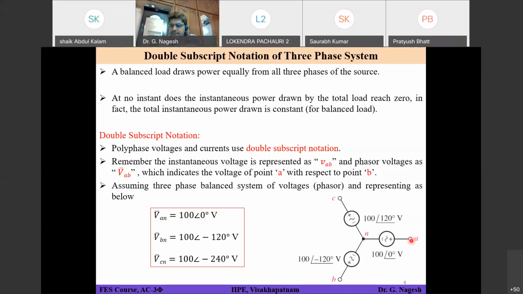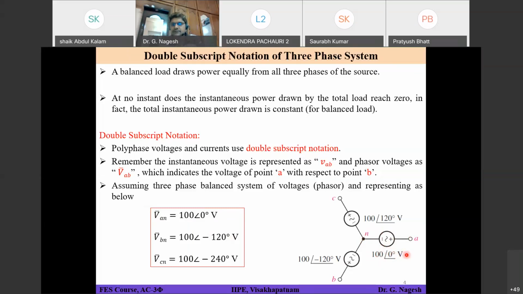This is my phase A, so I give the positive terminal for phase A, and N means neutral, so I give the negative terminal for that. It is a sinusoidal voltage, so I represent it with a sinusoidal waveform inside my diagram, and I place 100 at an angle of 0 degrees volts. What it means is the voltage of phase A with respect to neutral N is 100 volts at an angle of 0 degrees.